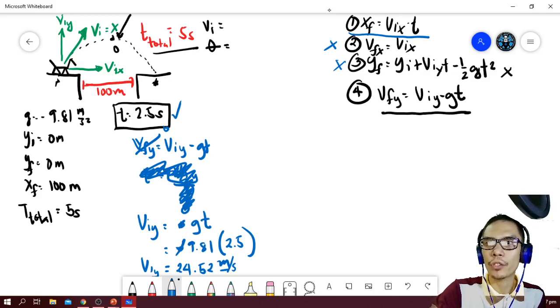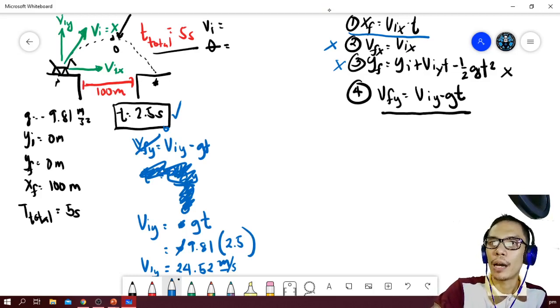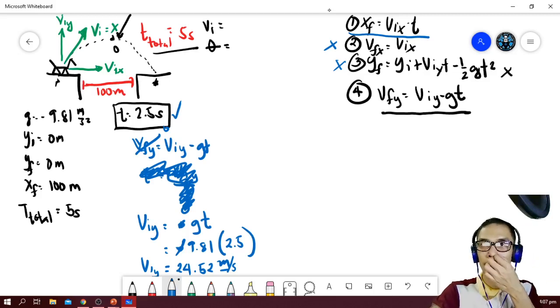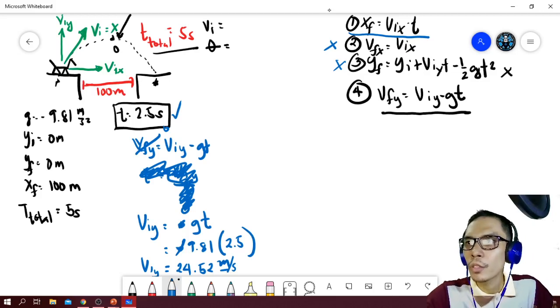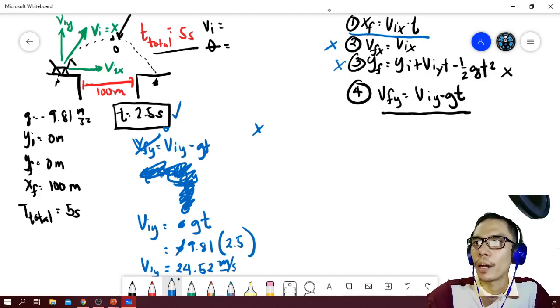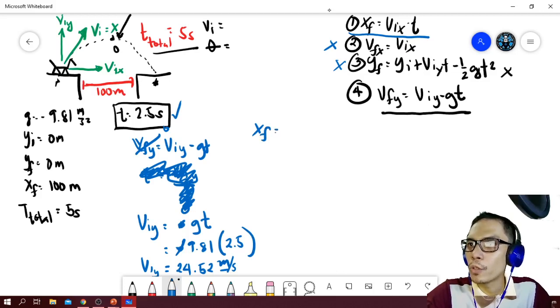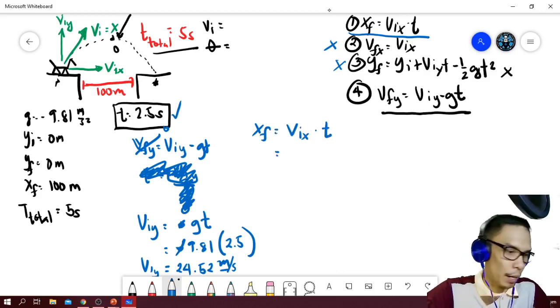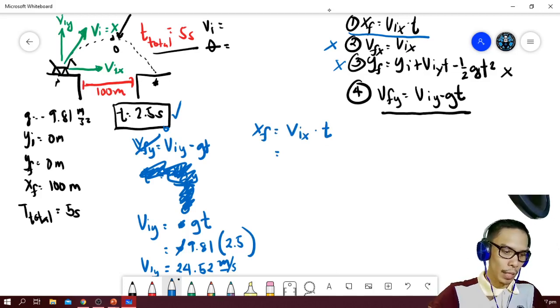We will use the same time that we have right here to compute for the range that we have. To compute for the v sub ix, we have x sub f is equal to v sub ix times the time.